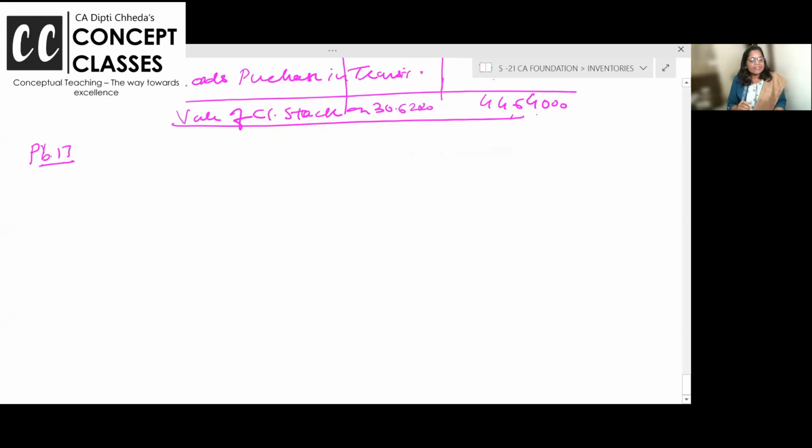Problem number 17. Okay, we are doing it and we will check it. We are making the statement of valuation of the stock. Make the particulars and amount statement.